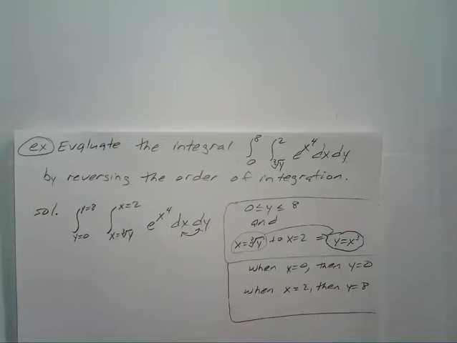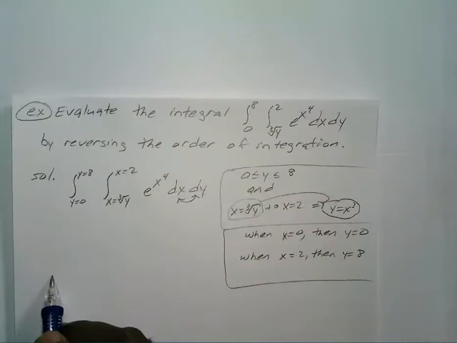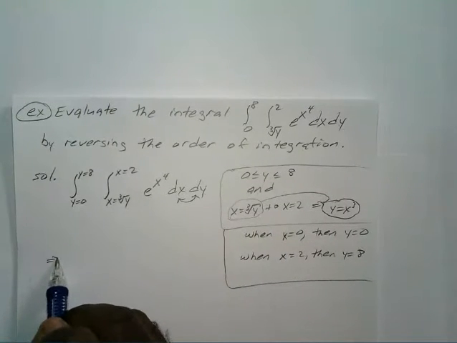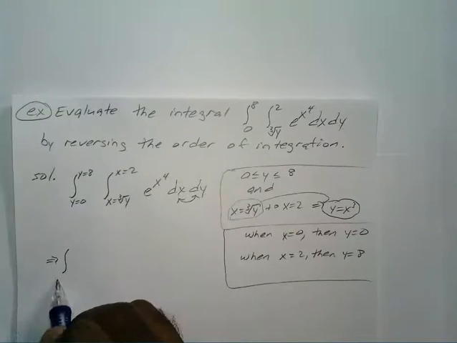Okay? So that actually gives us everything we need. Because we know that, of course, we are going from x equals 0 to x equals 2.